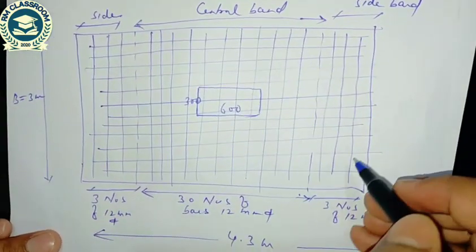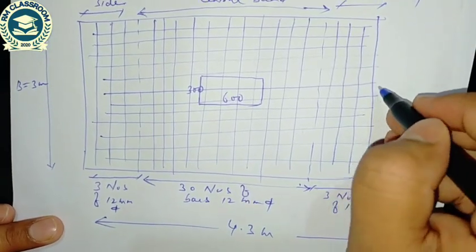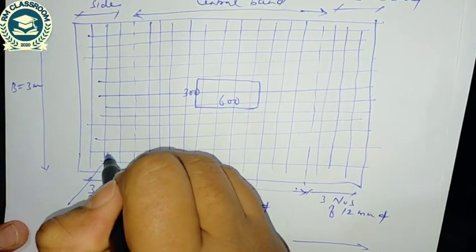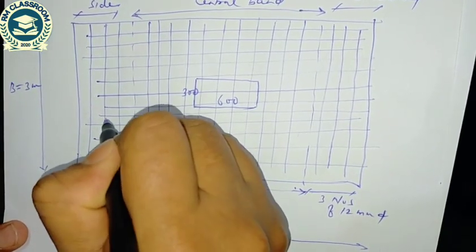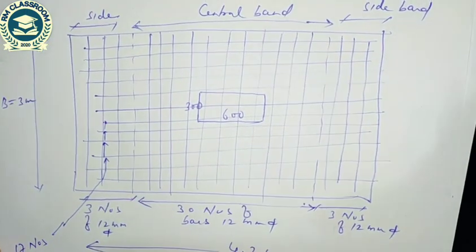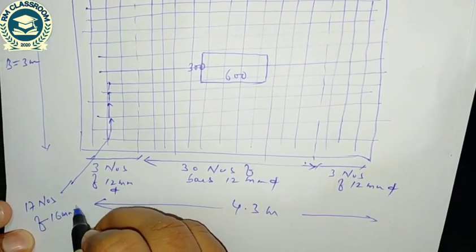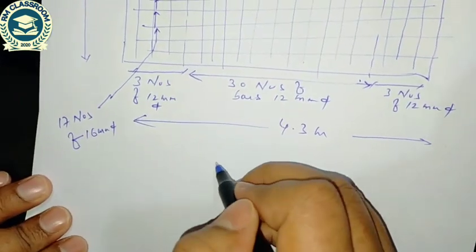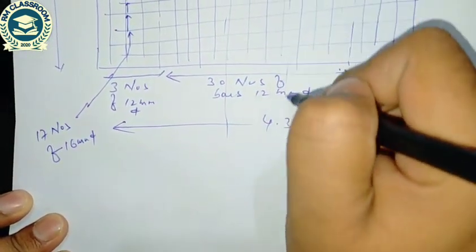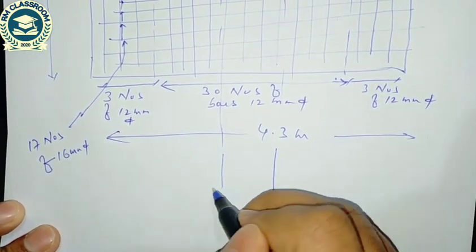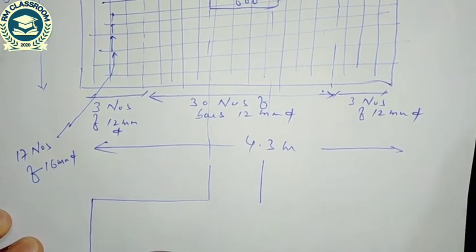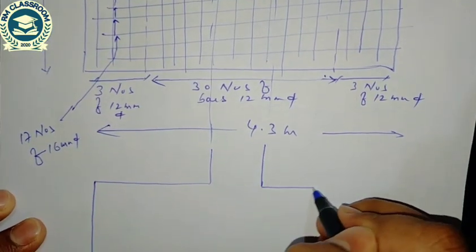So this is 17 numbers of 16 mm phi. Or if I draw a footing, this is our footing.